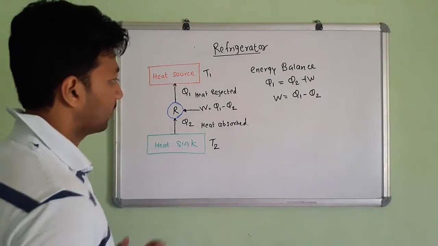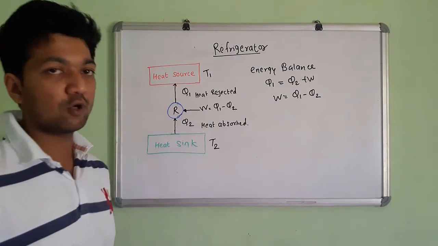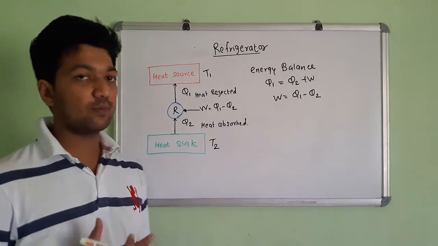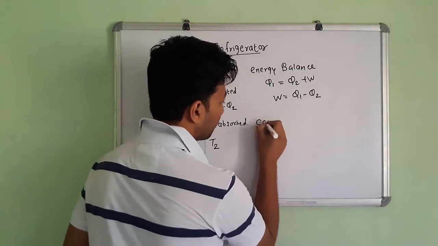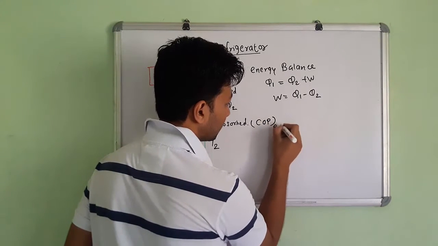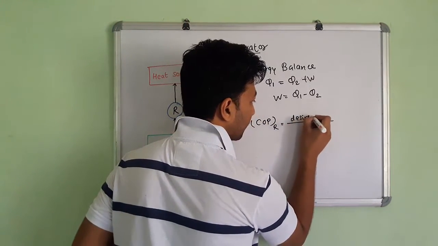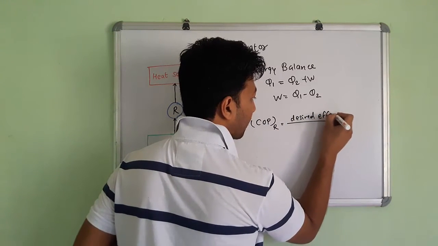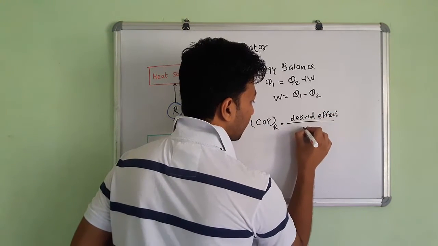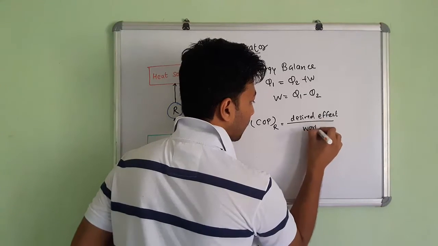So here we also find the COP, not the efficiency. It's the coefficient of performance. The coefficient of performance for the refrigerator is again the desired effect upon work done.